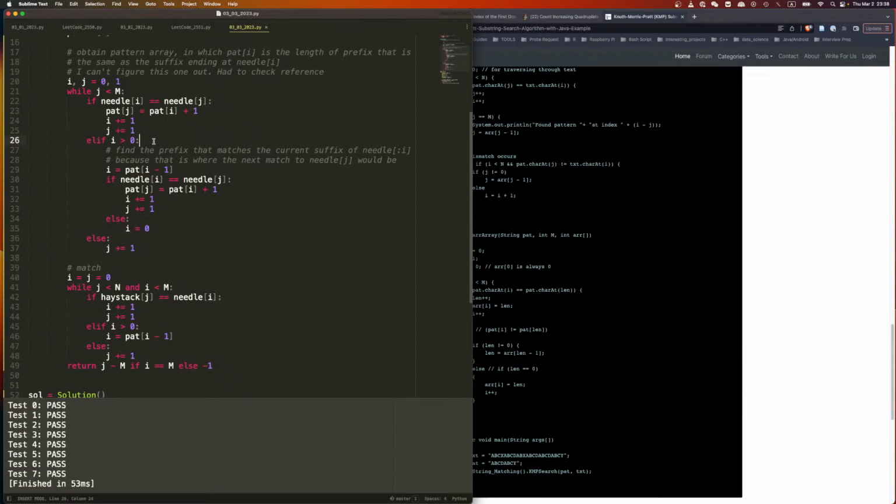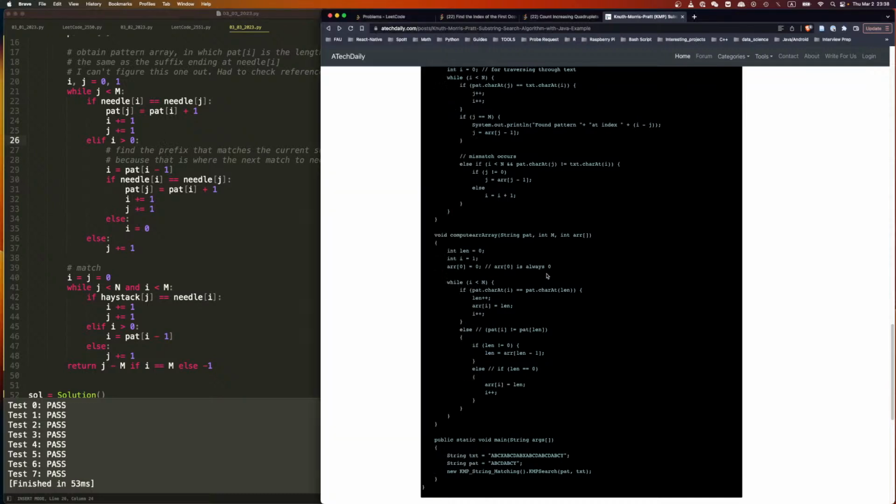Pattern J is pattern I plus 1. Or this is the length. What is this length thing? Length is the length. Well, let's try using this length idea.